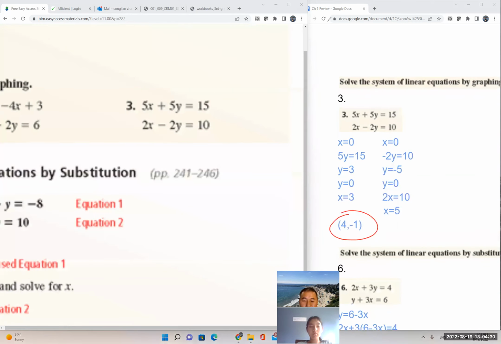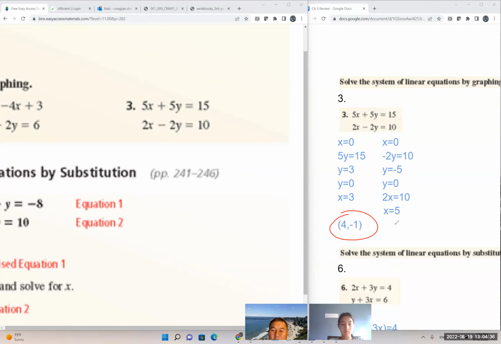Correct? Yeah, we are not sure how you get it, but let's check if it's correct or not. When x is 4, you say 5 times 4 plus 5 minus 1 equal to 15.